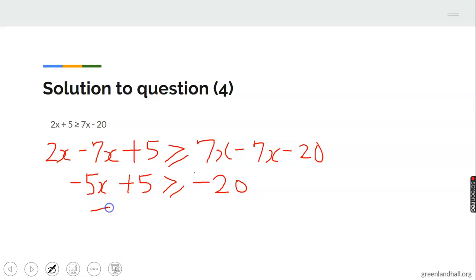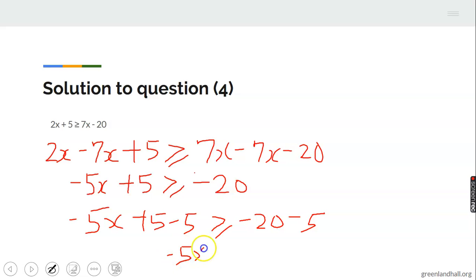That means I'm subtracting 5 from both sides again. That will be plus 5 minus 5 greater or equals minus 20 minus 5. And this will give me minus 5x is greater than or equals minus 25. And when you divide through by minus 5, you will have x is less than or equal to 5, since you are dividing through by negative 5.